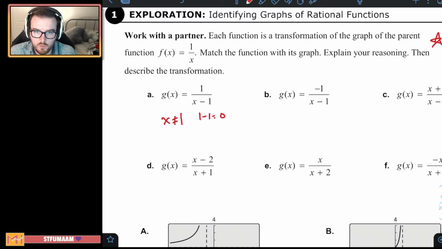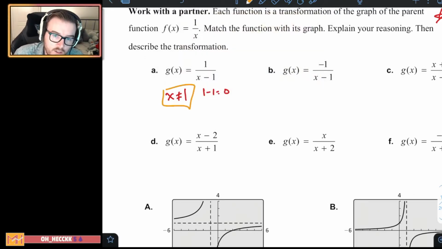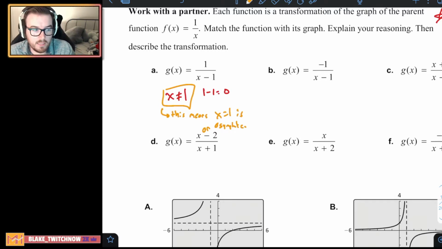And what's the best way to represent a restriction? That is with an asymptote. Okay, so because x can't equal 1, we know there's going to be an asymptote. This means x equals 1 is an asymptote. Okay? That's what that means.